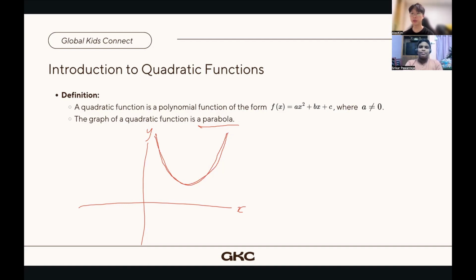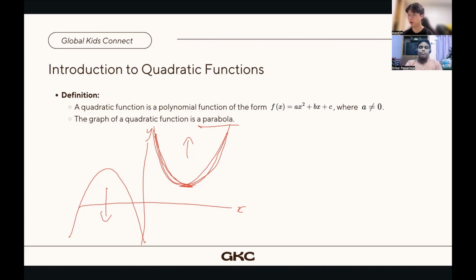But the parabola can be of two types. One opens upwards. So there's a minimum, and there's no maximum because the y value can increase until infinity. The other type is a parabola that opens downwards, meaning that it fans out in the downward direction.